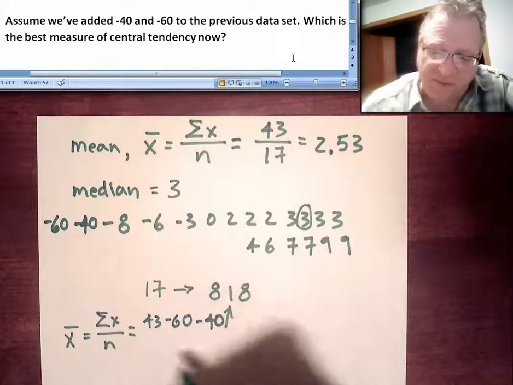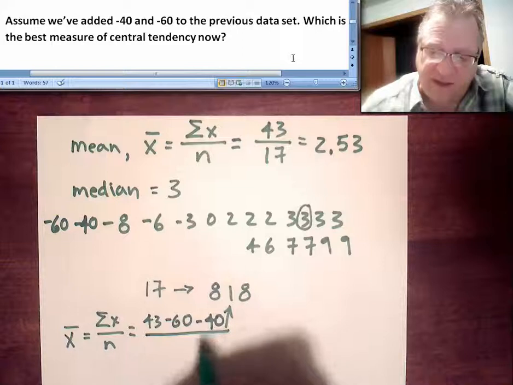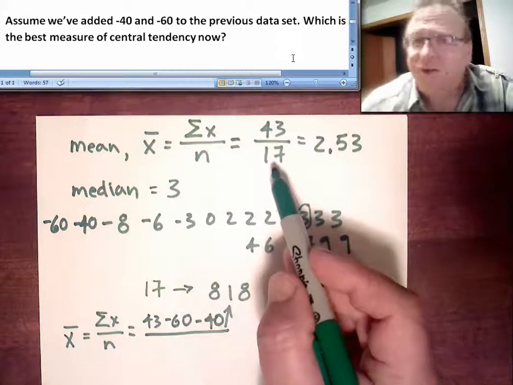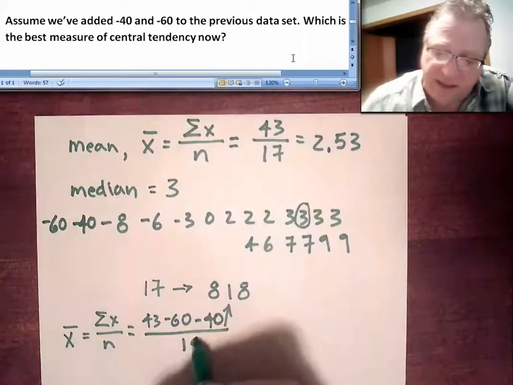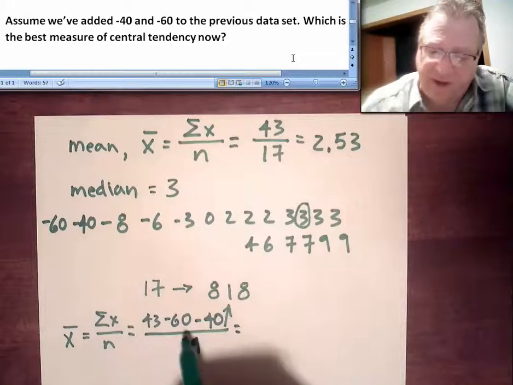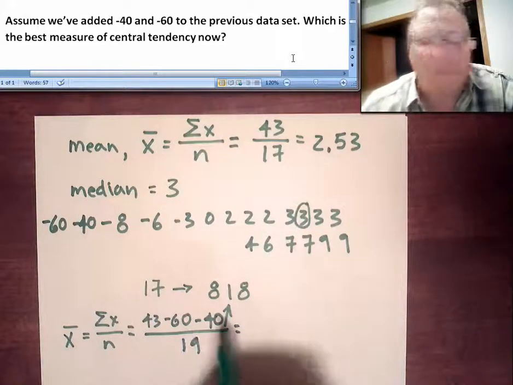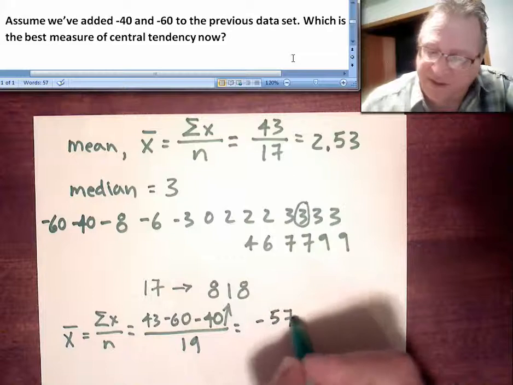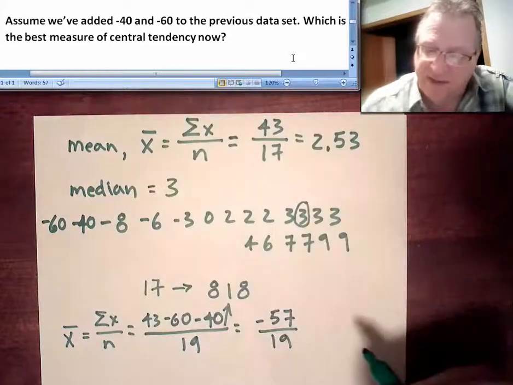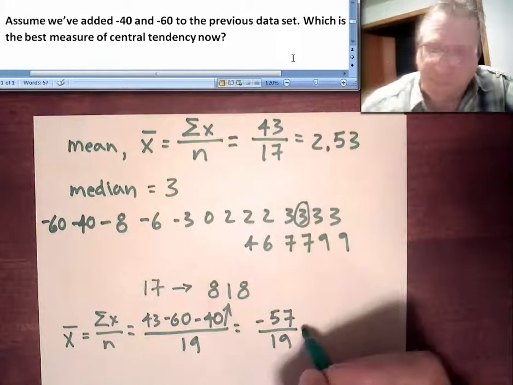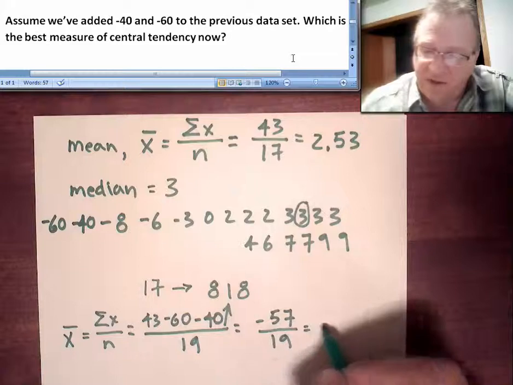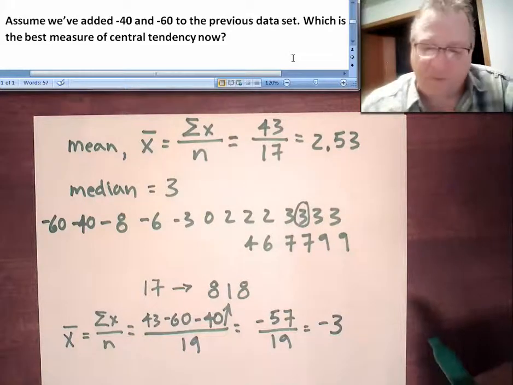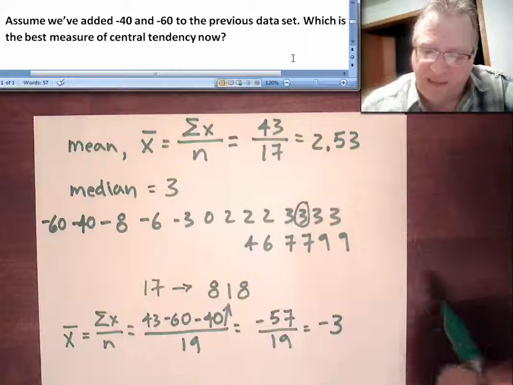We're still divided by 17. Oh, no, we're not. We've added two more values, and we now divide by 19. And 43 minus 60 minus 40 is negative 57 over 19. I got really lucky on this one. That is negative 3.